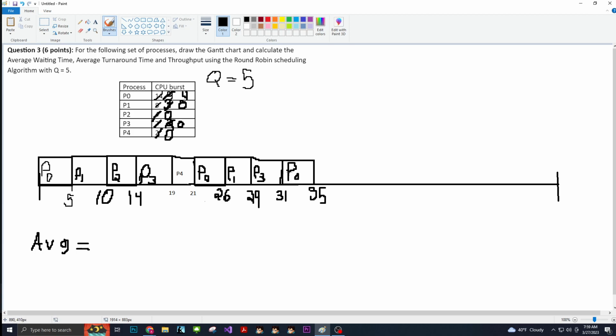So P0, so process 0, the last time it runs is 31. And then we subtract that by the quantum. There is something that you have to factor in, which is arrival time. Since this set of processes don't have arrival times, I guess we assume that they're 0 in this case.